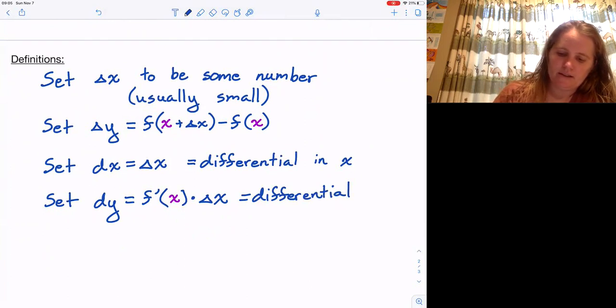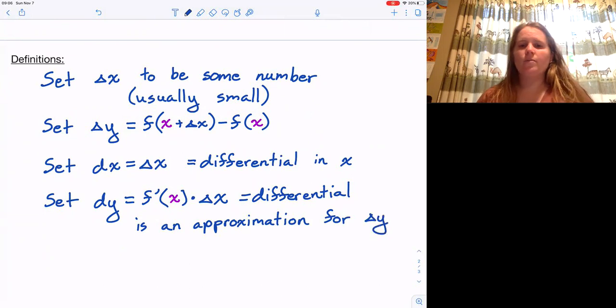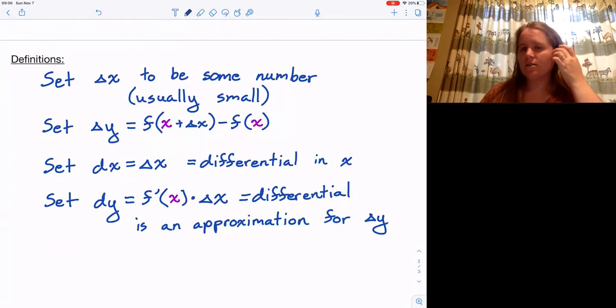And this is approximately, so this differential is an approximation for the change in y. And so what we'll wind up doing is we will use this approximation for the change in y instead of explicitly calculating that change in y.